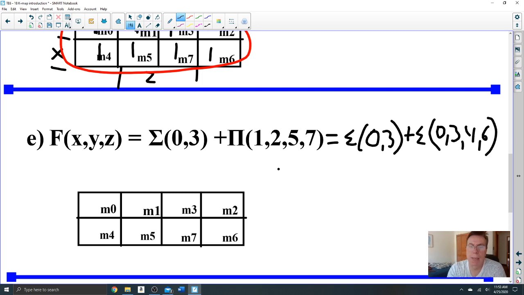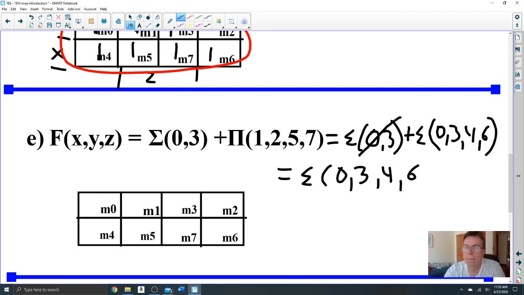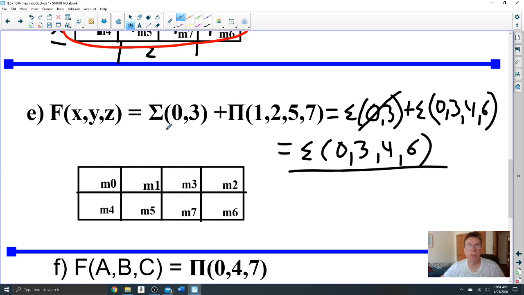All right, so now we can add this. As you see, we have a repetitive min term. 0 and 3 repeat themselves right here, so we don't have two min terms 0 and two min terms 3. This one is actually repeated, so we cross it out. And our function is sum of min terms 0, 3, 4, and 6. All right, so this one is a canonical expression.